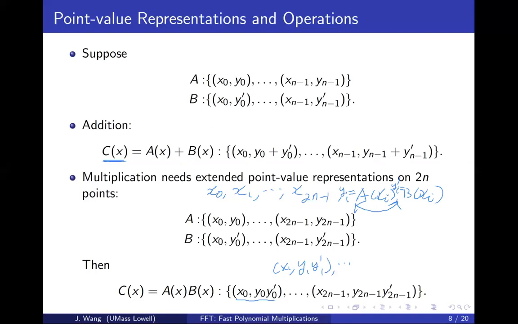So then we can get the point value representation of the product of these two polynomials. Again, it takes the order of n squared operations, because you have this many points. For each point, you need to evaluate a polynomial, which requires linear time, and you have linear points, so it's square, right?